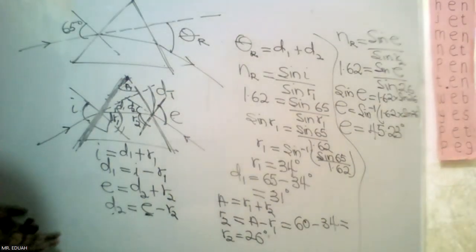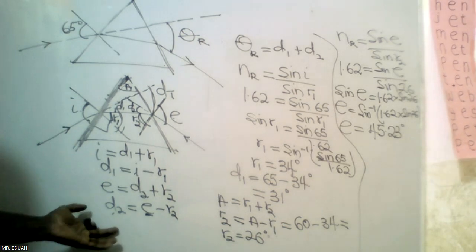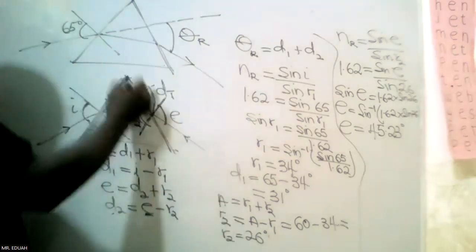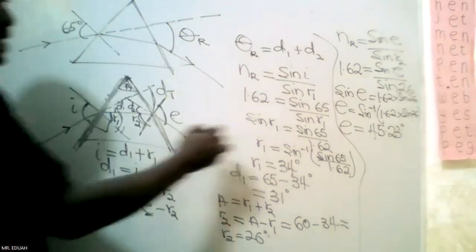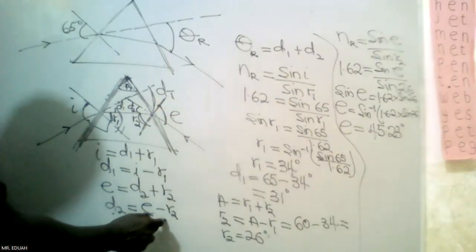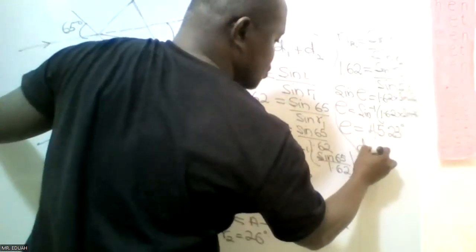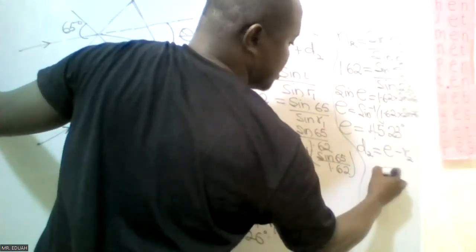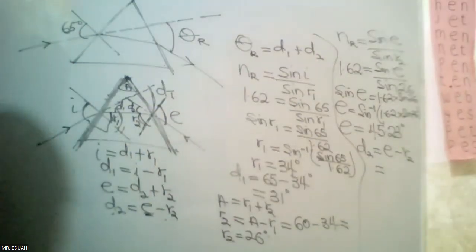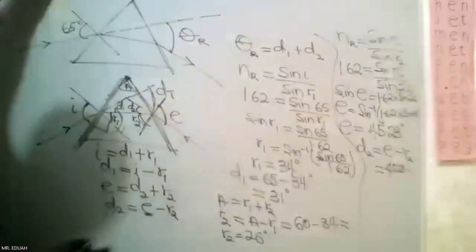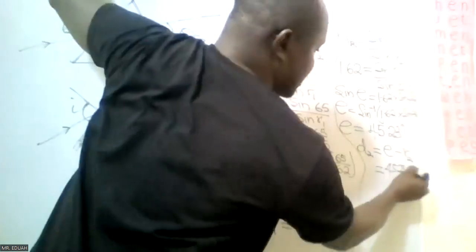Good. So once we found E, we can go ahead to find D2. So the deviation with regards to this side is equal to E minus R2. So D2 is equal to E minus R2, 45.23 minus R2, which is 26.